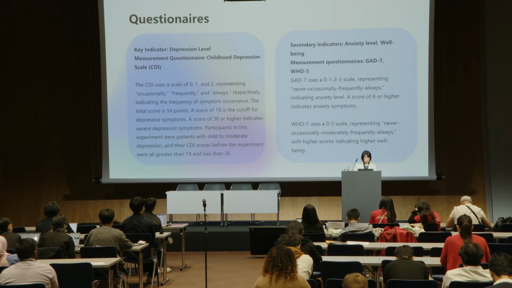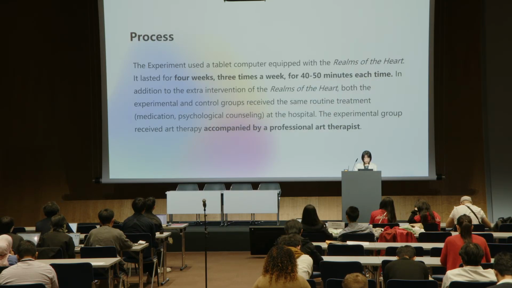We use the Children's Depression Scale, and for anxiety and well-being, we use the GAD-7 and the WHO-5 questionnaires. For the process, the experiment uses a laptop computer equipped with the Realms of Heart, and it lasts for 4 weeks, 3 times a week for 40 to 50 minutes each time. And the experiment group received art therapy accompanied by a professional art therapist.